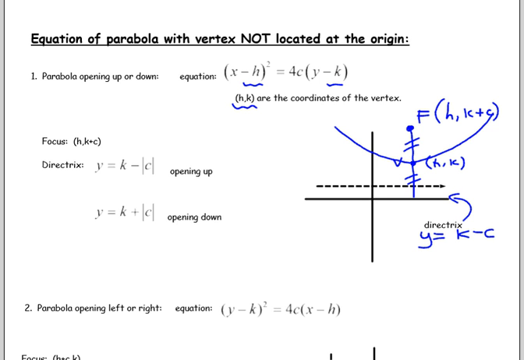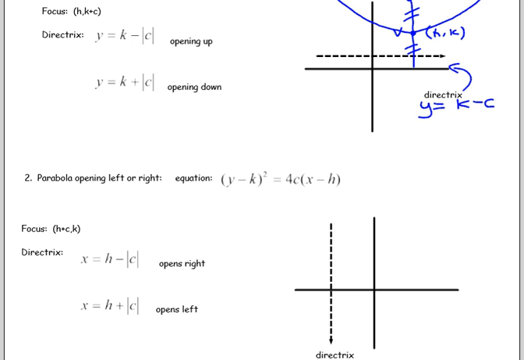What if it's left and right? So your equation starts with y minus k squared. Again, your vertex is here. If I put my vertex over here at (h, k), and let's say I'm graphing this way because my directrix is on the left.